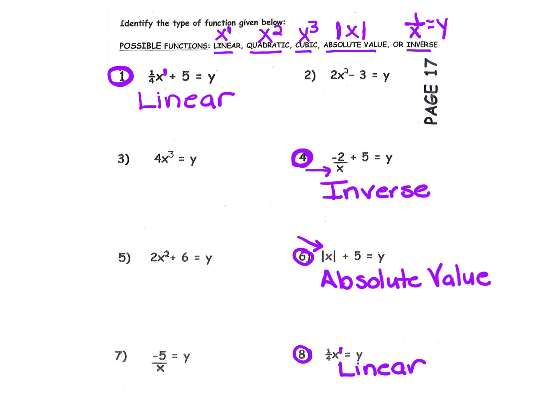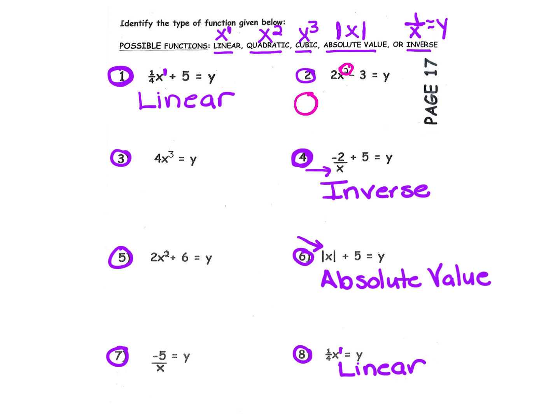Now pause the video right now and answer questions 2, 3, 5, and 7 on your own. When you're ready, turn the video back on and check your work. Please pause the video right now. All right, let's check your work together. In number 2, this is the key indicator.